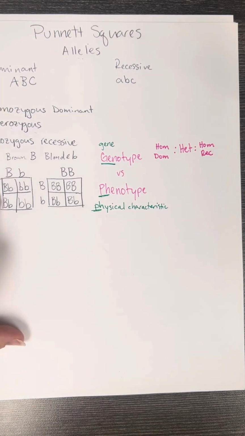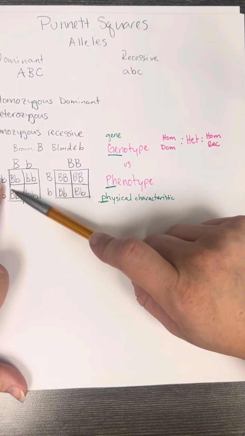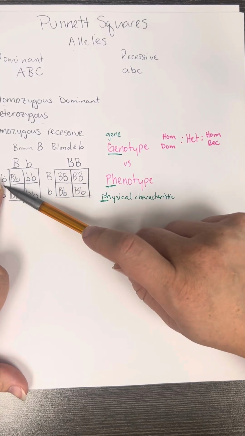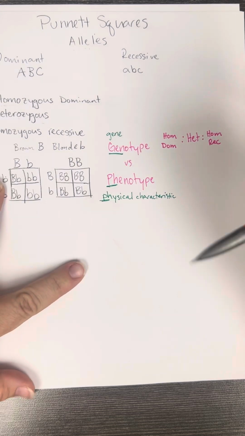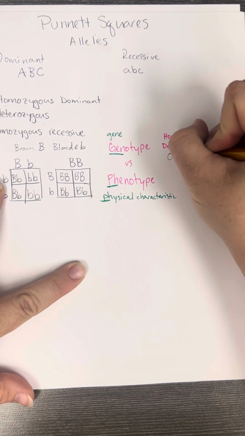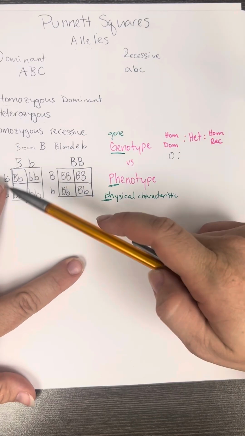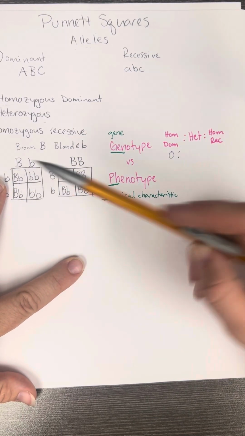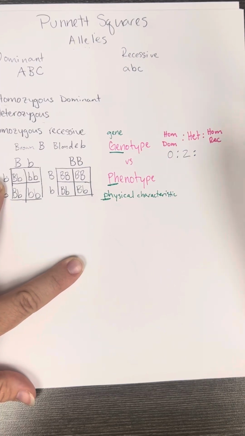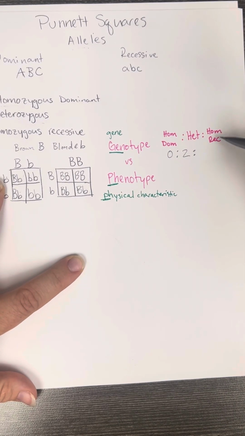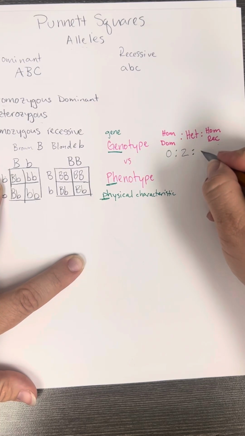Let's take a look at that first square that we did. How many of these are homozygous dominant? None, right? Because none of them have two dominant alleles in that. So it's going to be a 0. Now, how many of these are heterozygous? I have these two. So I have two that are heterozygous. And then homozygous recessive, how many do I have? I have two as well.